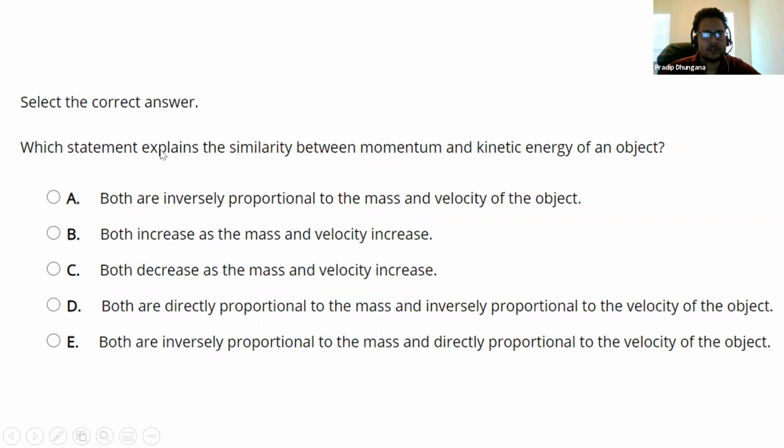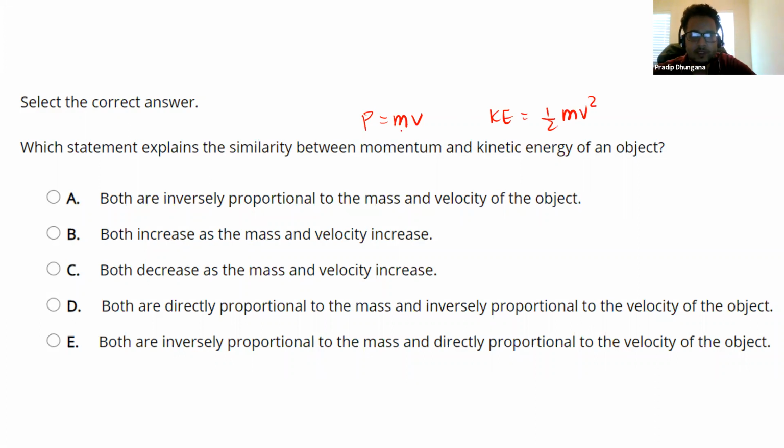The question is, which statement explains the similarity between momentum and kinetic energy of an object? Let me write. Momentum P is mass times velocity, and kinetic energy is 1/2 mass times velocity squared.